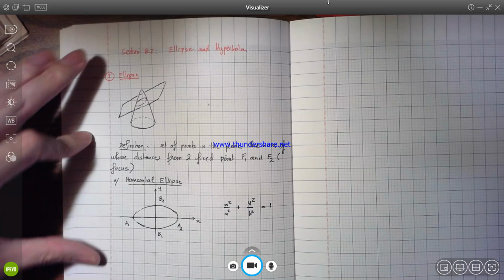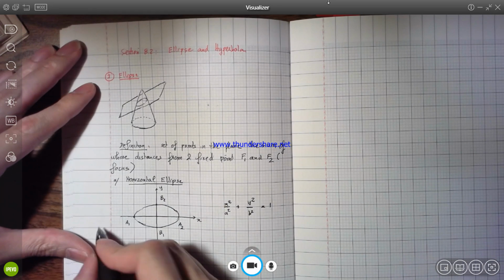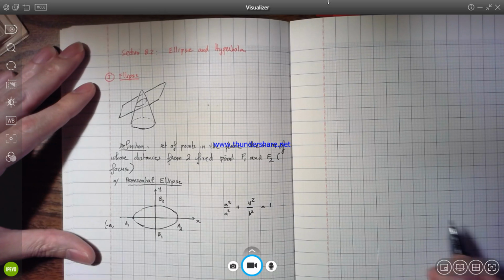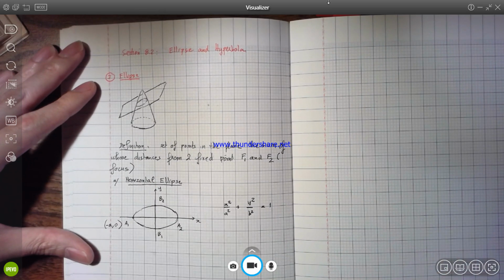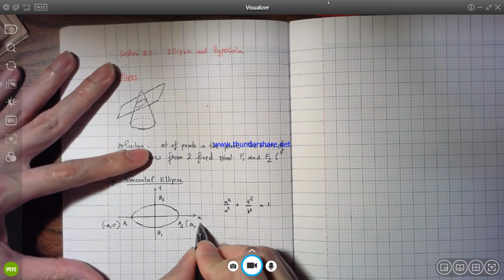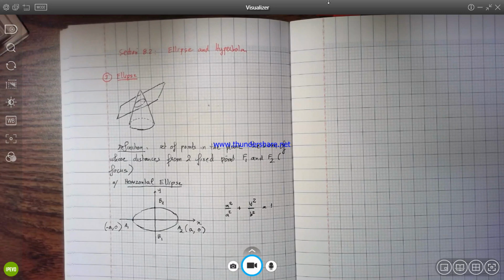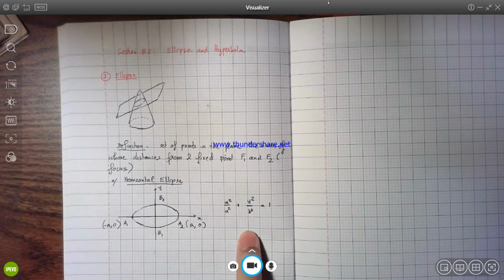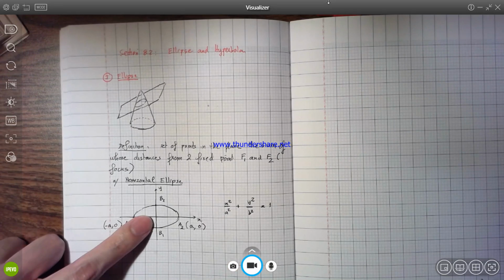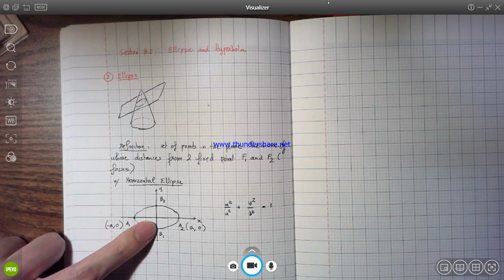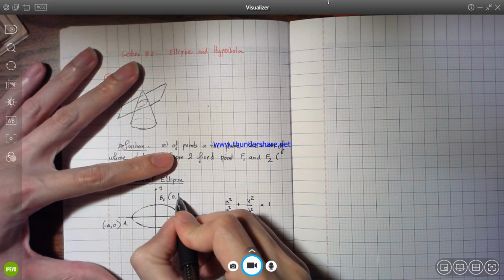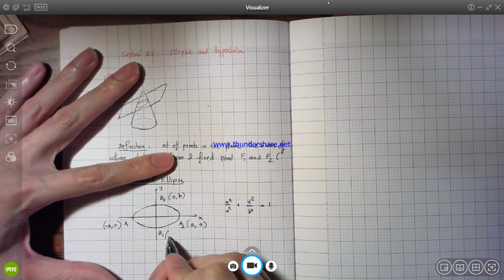It means the coordinate of point A1 is (negative a, 0), and the coordinate of point A2 is (a, 0). And what is b? B is the distance from the origin to B1 and B2. So B2's coordinate will be (0, b), and over here will be (0, negative b).